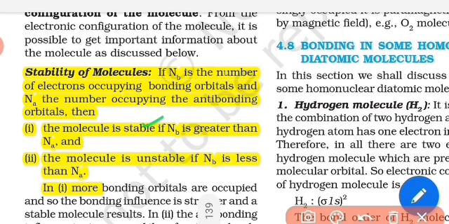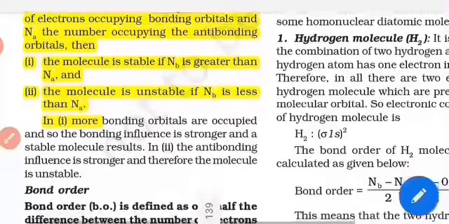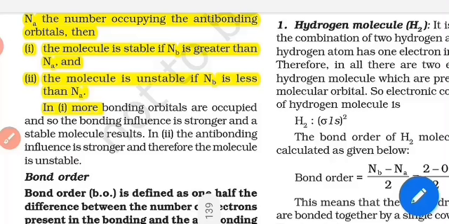That means if the number of electrons in bonding molecular orbitals is more than in anti-bonding molecular orbitals, then the molecule is said to be stable. And if electrons are more in anti-bonding molecular orbitals than bonding molecular orbitals, then the molecule is unstable.